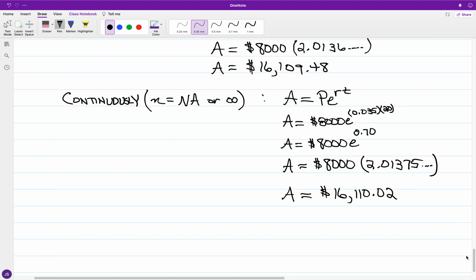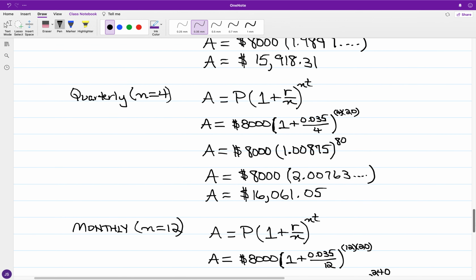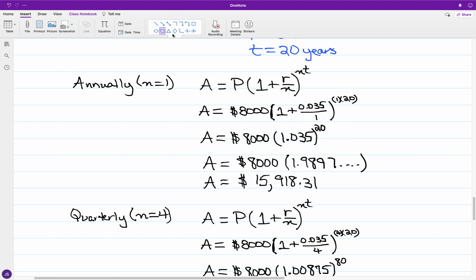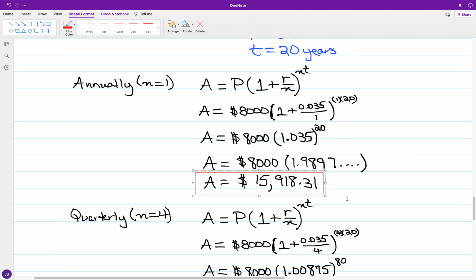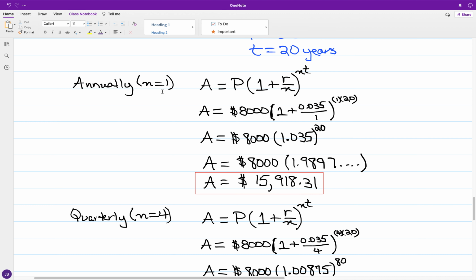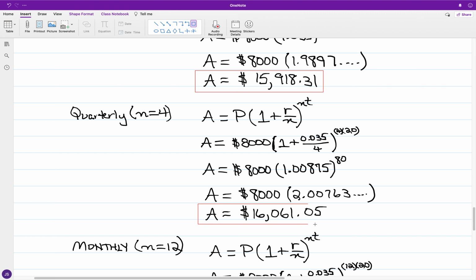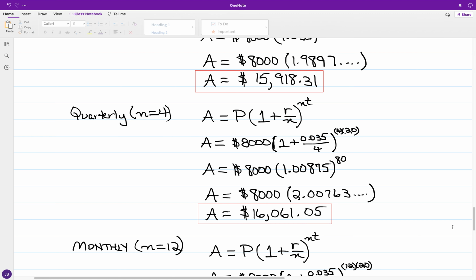All right, so for what we started out with, we have the annual compounding starting out with $8,000, and we had that result, $15,931.18. Then going from 1 time a year to 4 times a year, after 20 years the quarterly compounding yields a higher balance at $16,061.05.